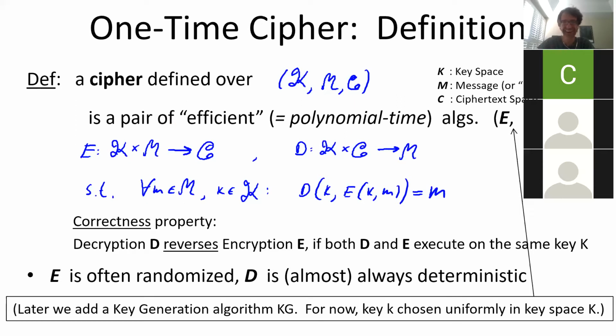Okay, it's one plain text, called A. Then I execute the encryption function. It will give me some ciphertext C1.